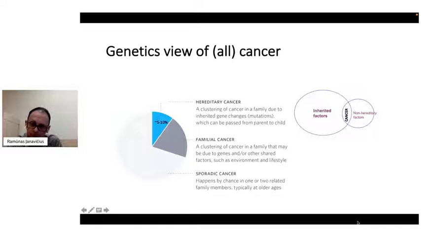The next type is called familial cancer, which corresponds roughly to 20-30% of cases. And here we have multiple genetic variants in various genes, or even in non-coding areas, such as intronic spaces or places.